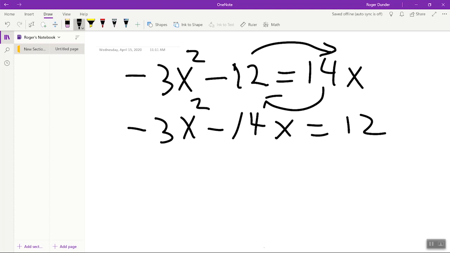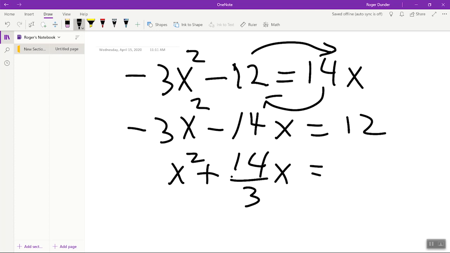Second step, divide everything by negative 3 so that the coefficient of x squared will be equal to positive 1. So if we divide negative 3x squared by negative 3, we just get x squared. Minus, now we divide negative 14x by negative 3. So it's going to be plus 14 over 3x equals, divide 12 by negative 3, and it will be equal to negative 4.